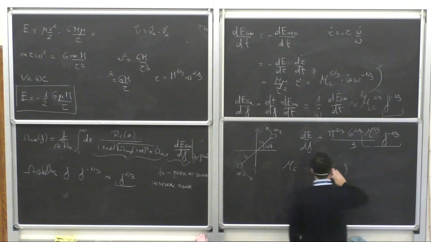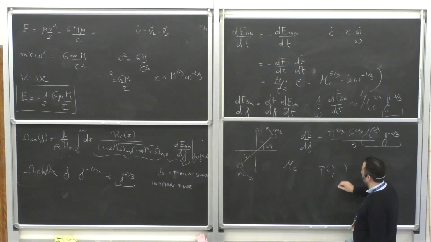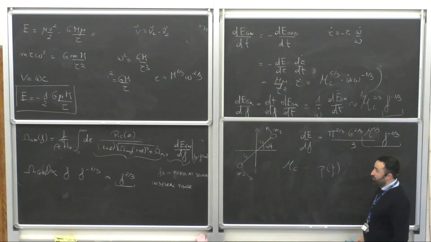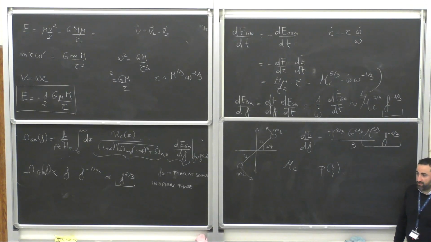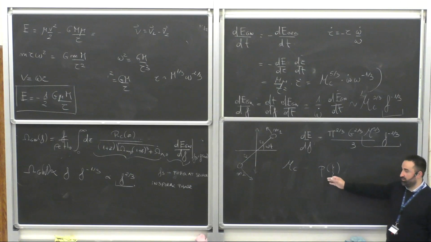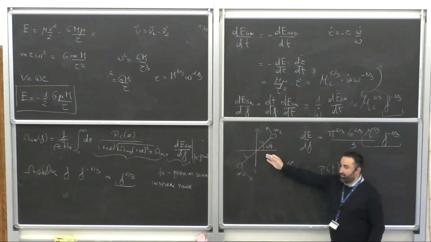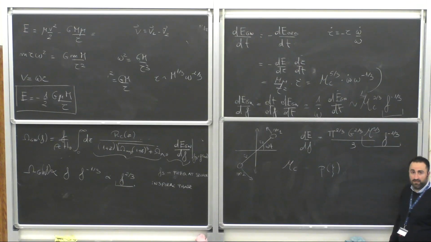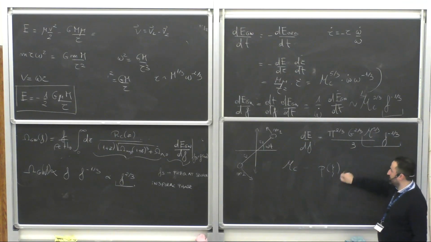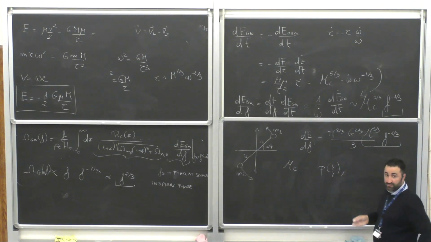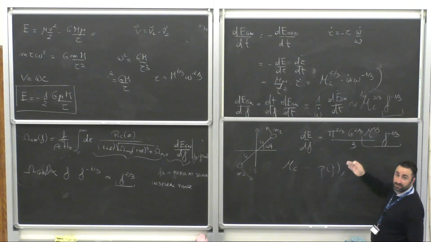Let me write more in general, more than the chirp mass, okay? So you have to assume some probability distribution function for the astrophysical parameters, okay? In this case, I assume that my astrophysical parameters are just the chirp mass, but of course you have the spin, and typically many astrophysical parameters on which you should integrate.